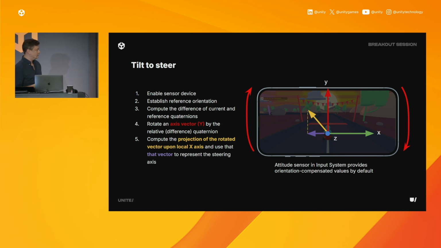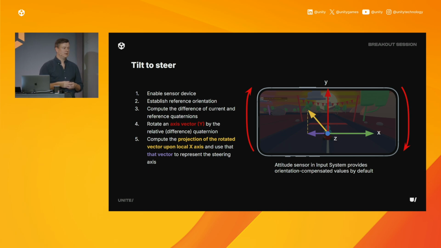Next thing we need to do is that we talked about this sensor giving us orientation in space. But that means we also can translate that very easily to our simulated space in the game. So what we can do is instead transform the problem a bit. So we establish a reference orientation.